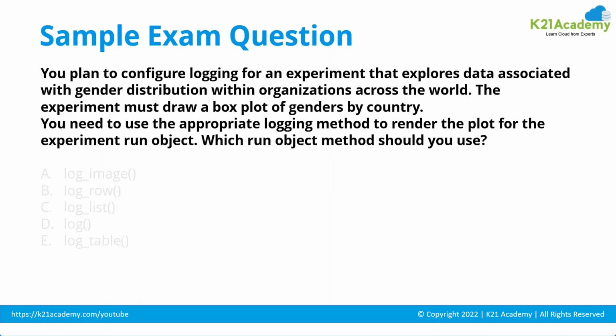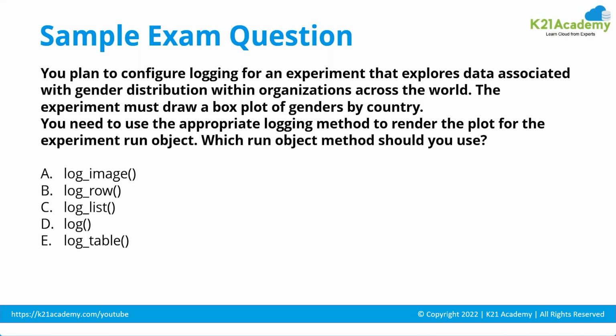Let's take a question. You plan to configure logging for an experiment that explores data associated with gender distribution within organizations across the world. The experiment must draw a box plot of genders by country. You need to use the appropriate logging method to render the plot for the experiment run object.